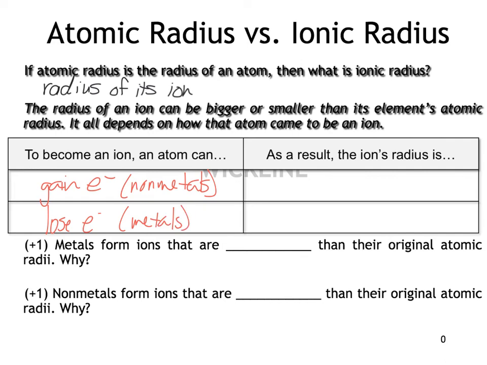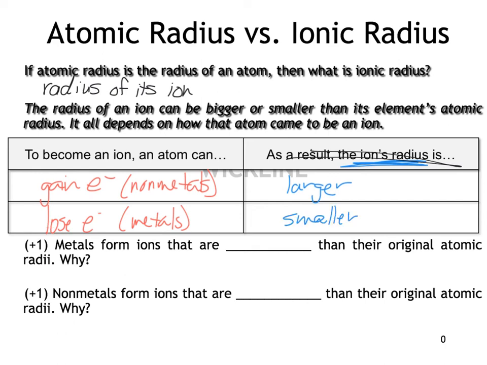So if an atom is to gain electrons, the ion's radius, so that's after it's gained the electrons, will be larger than the atom's radius, and that is a result of an increase in repulsion between the new electrons. And if an atom becomes an ion by losing electrons, then as a result you can expect the ion's radius to be smaller.